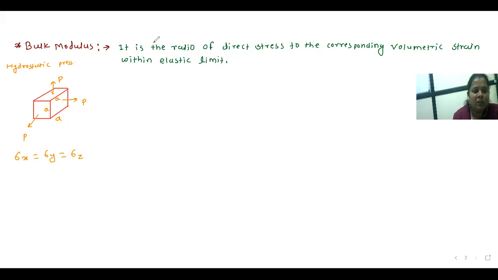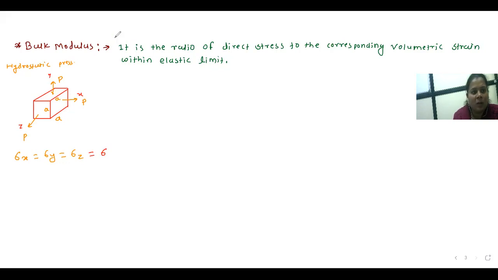Suppose this is the x direction, this is the y direction, and this is the z direction. So force is the same and area is the same, so the stress generated along the x direction is the same as the stress along the y direction and along the z direction, which is equal to total stress, sigma.